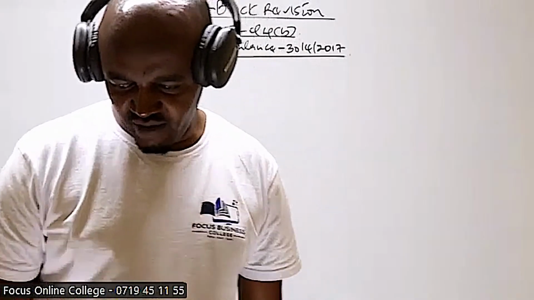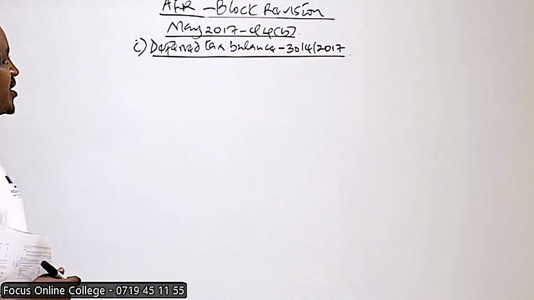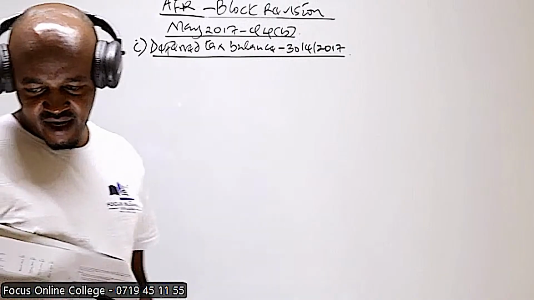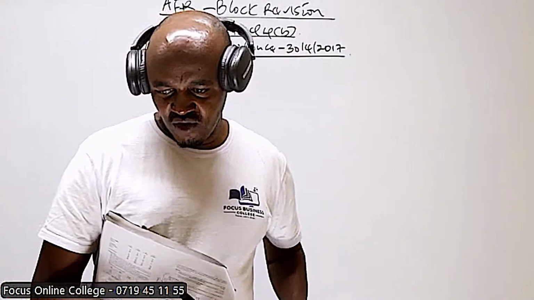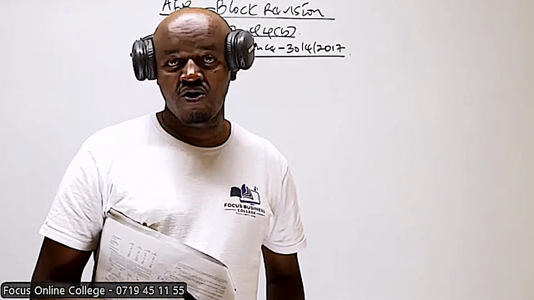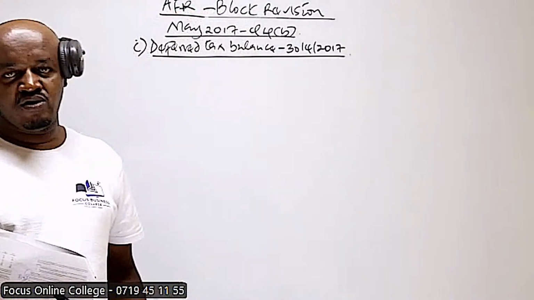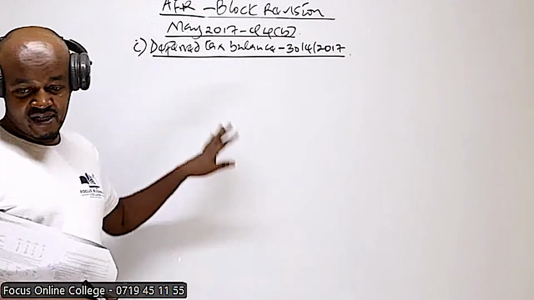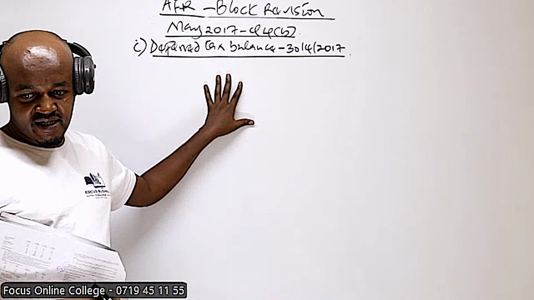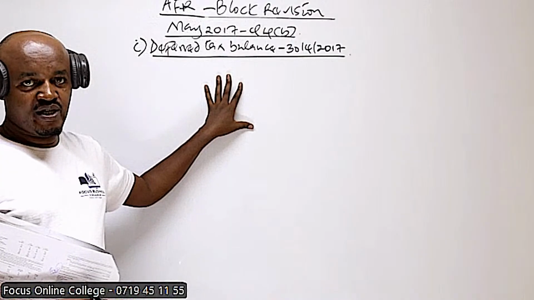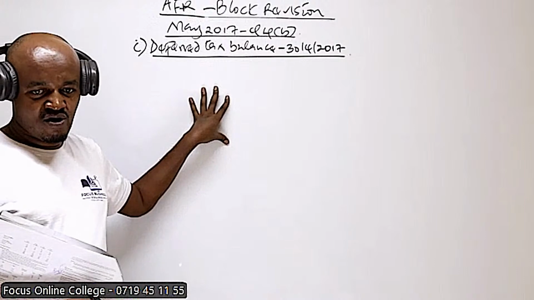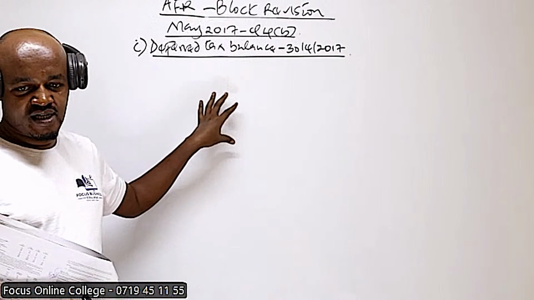Yes, so for us to be able to compute this deferred tax balance at the end of the year, automatically we are required to compute the deferred tax asset or the deferred tax liability. For us to compute that, we need to compute something called the net temporary difference.